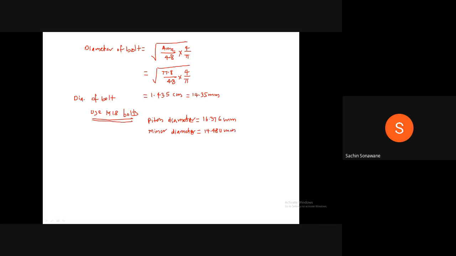Now we will calculate the actual area of bolt. Therefore, actual area of bolt is equal to pi by 4 into 16.376 square plus 14.48 square divided by 2 into 100 into 48.